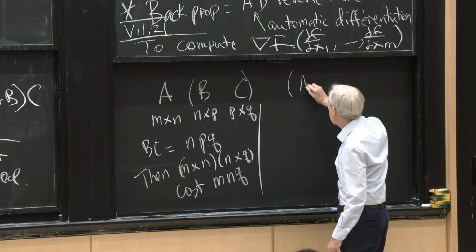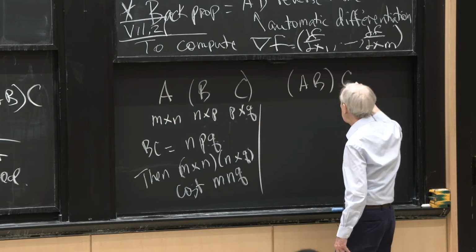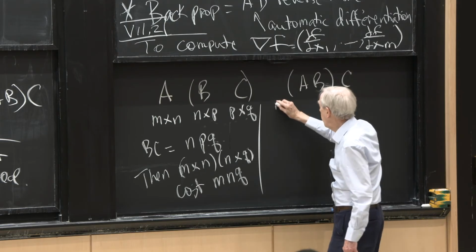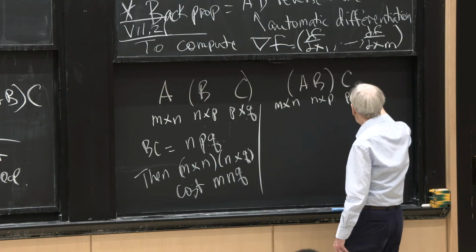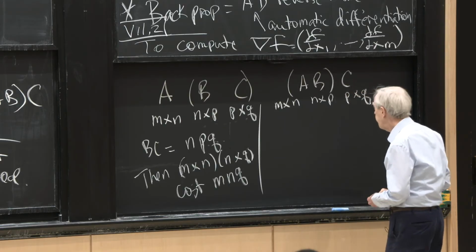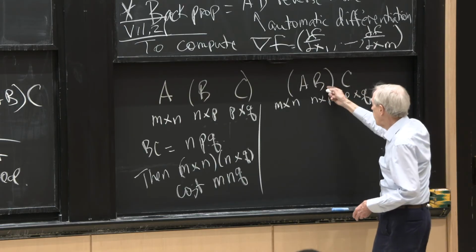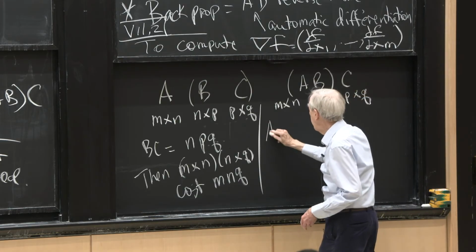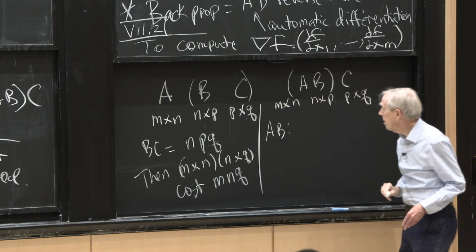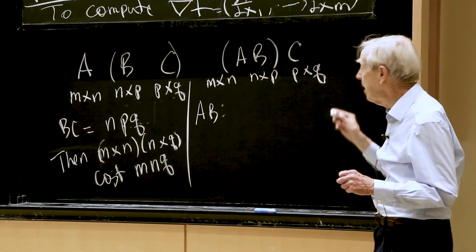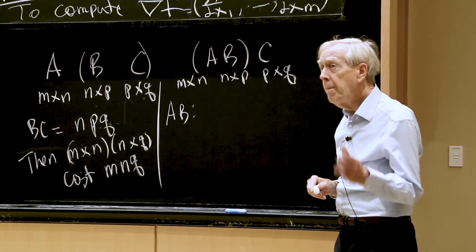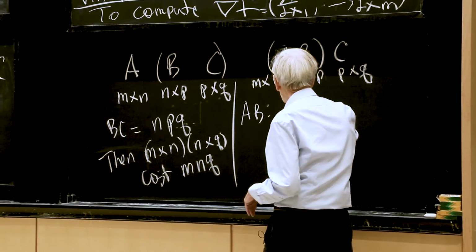Now the second way is AB times C. Let me write again M by N, N by P, P by Q. So now I'm doing this first. So AB costs, tell me again, what's the rule for the cost of a matrix multiplication? MNP.